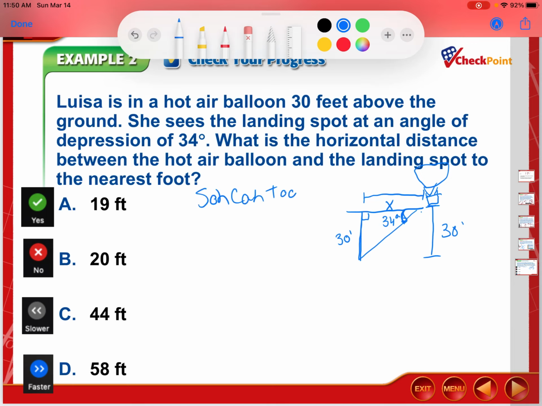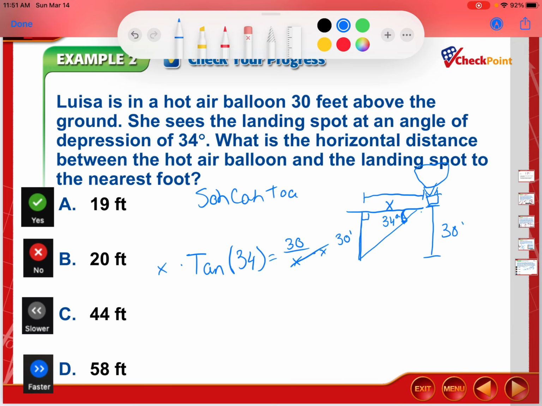So what I'm going to want to do is SOHCAHTOA of 34. So with 34, I have the opposite side and I have the adjacent side, which seems to be kind of a pattern here. So tangent of 34 equals my opposite, which is 30, over my adjacent, which is unknown.